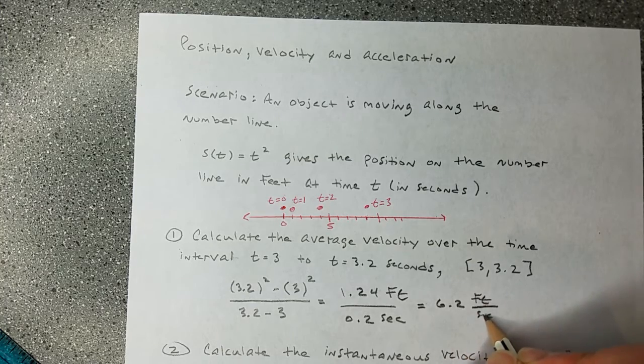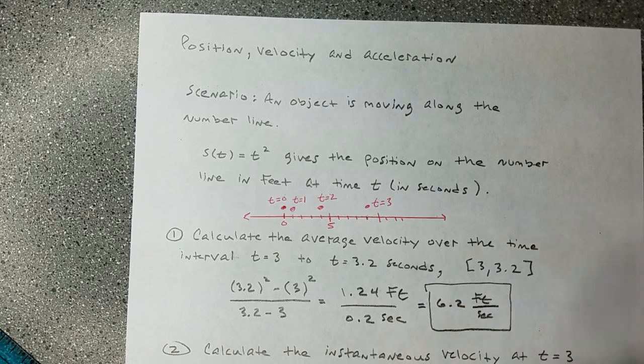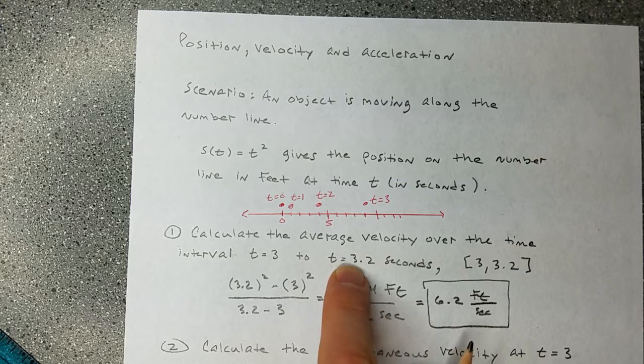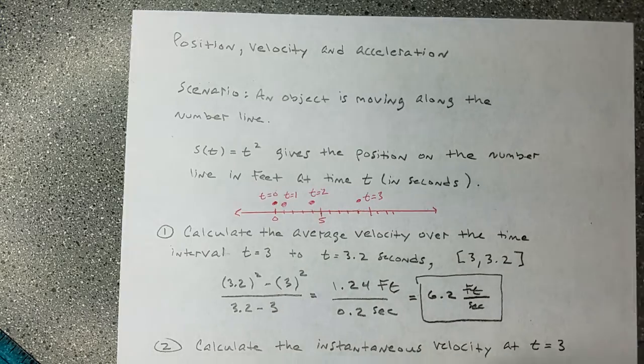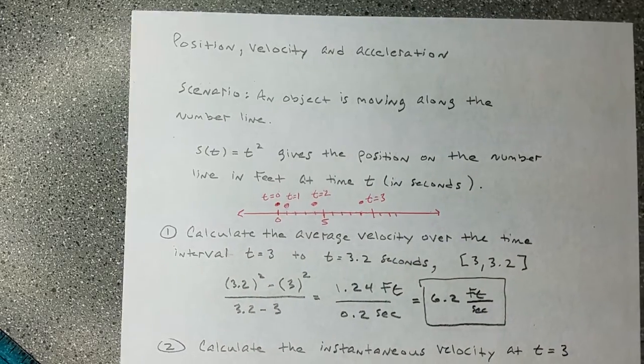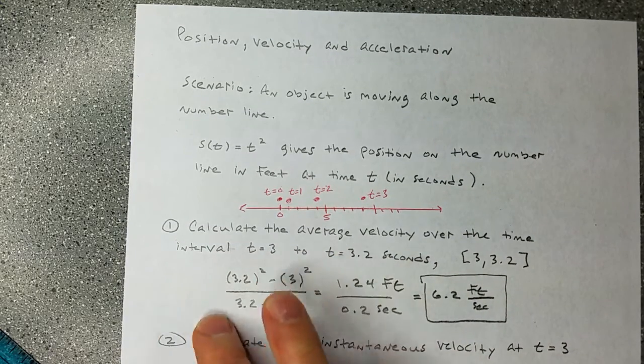There's my average velocity. Okay, so that's how you calculate average velocity. You have to give me a time interval, a time duration. I have to say calculate the average velocity from this time to that time. And then there's our formula for it.